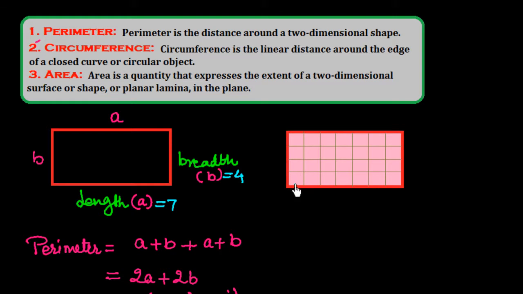Each one is one unit. Counting 1 2 3 4 5 6 7, the length, which we denoted by A, is 7, and B, 1 2 3 4, is 4.